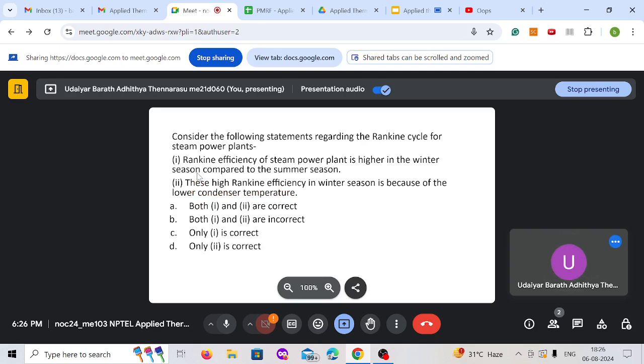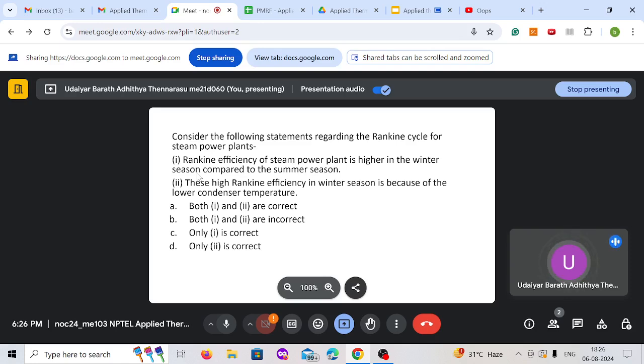So the next question is, consider the following statements regarding the Rankine cycle for steam power plants. Rankine efficiency of a steam power plant is higher in the winter season compared to the summer season. And this high Rankine efficiency in winter season is because of the lower condenser temperature.